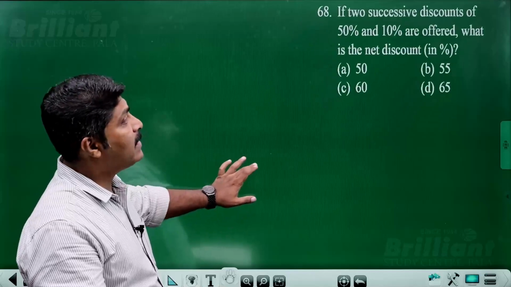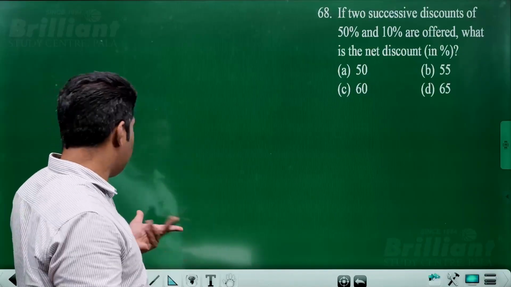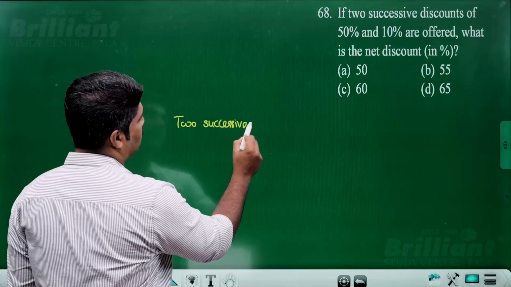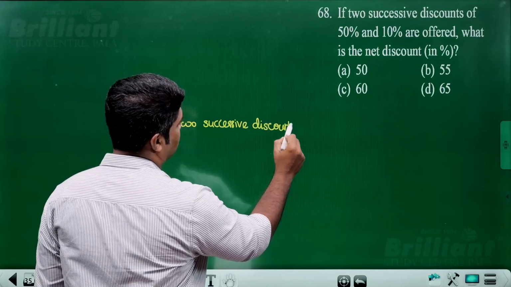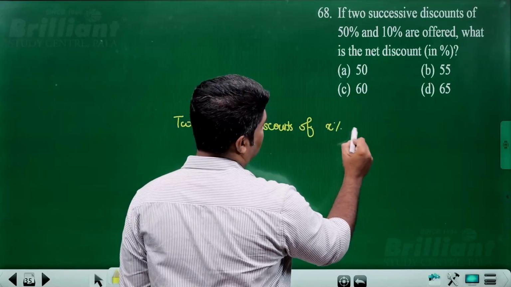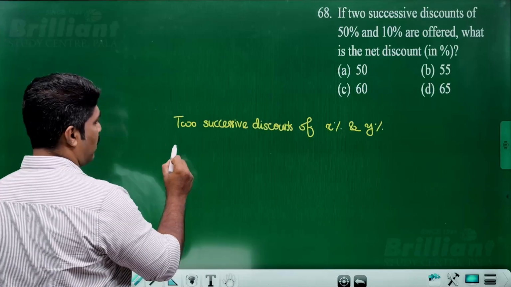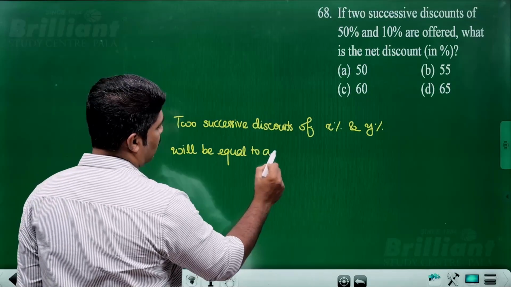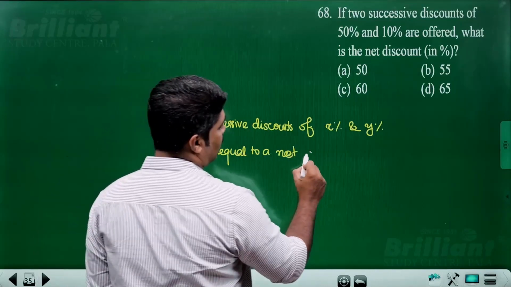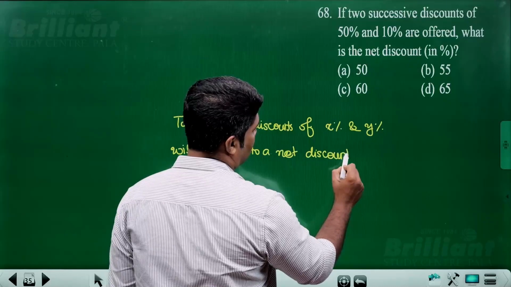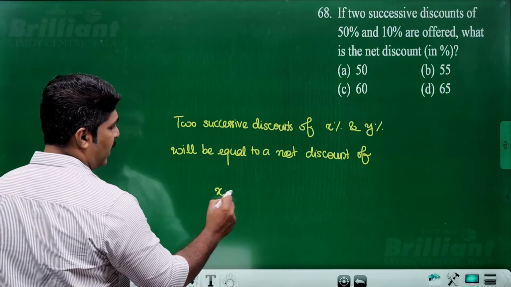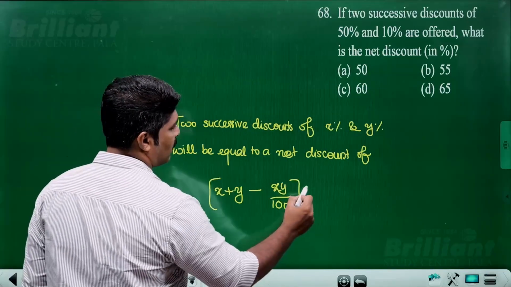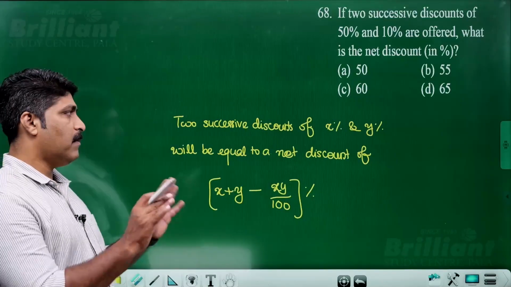Here also we have the direct result that we can apply instead of considering assumed values. 2 successive discounts of X% and Y% will be equal to a net discount of X plus Y minus X into Y by 100%. Just remember this one. It's an important result.